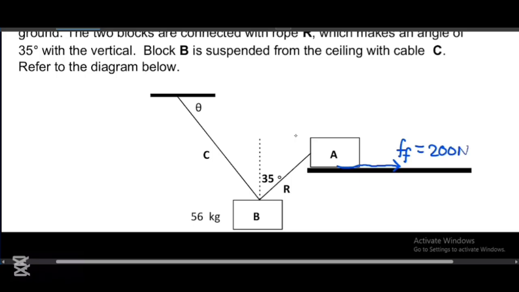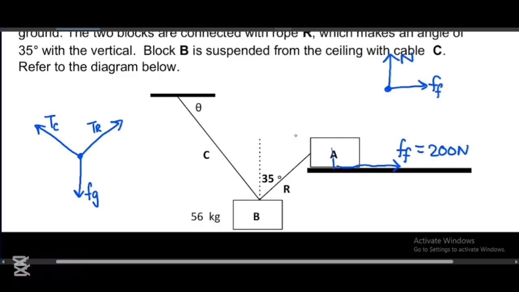And on this side we were given the 56 kg mass. So now we have Fg here, we have tension C, we have tension R, and I would like us to also draw a free body diagram of block A. In block A we have frictional force, and we have normal force, which is the force exerted from the ground going upwards.